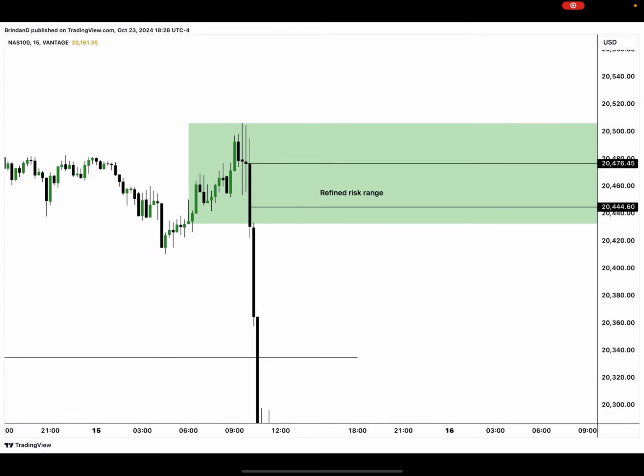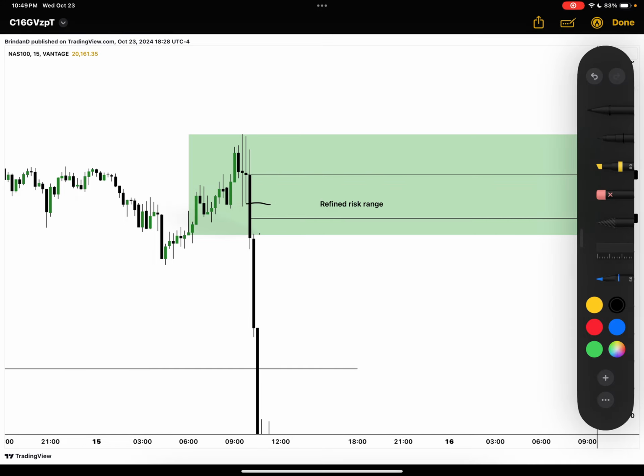So essentially, once I found my point of interest, you know how this goes. I refine. Initially, I find my inefficient pricing, sponsored candles, starting from the high of my point of interest down to the low of it, to see and follow order flow. If there's nothing happening up here, everything looks mitigated, everything looks balanced, I just keep moving down. So I go down to the 15-minute time frame and I see inefficient pricing here.